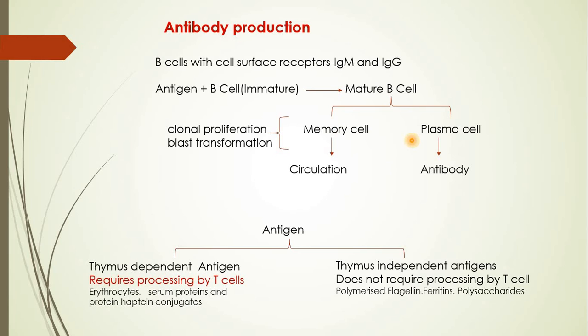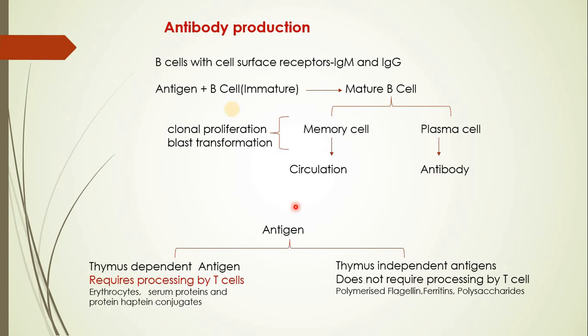This phase of development of memory cell and plasma cell is related to clonal proliferation as well as blast transformation. Memory cells enter into the circulation, whereas the plasma cells are responsible for synthesis of antibodies.